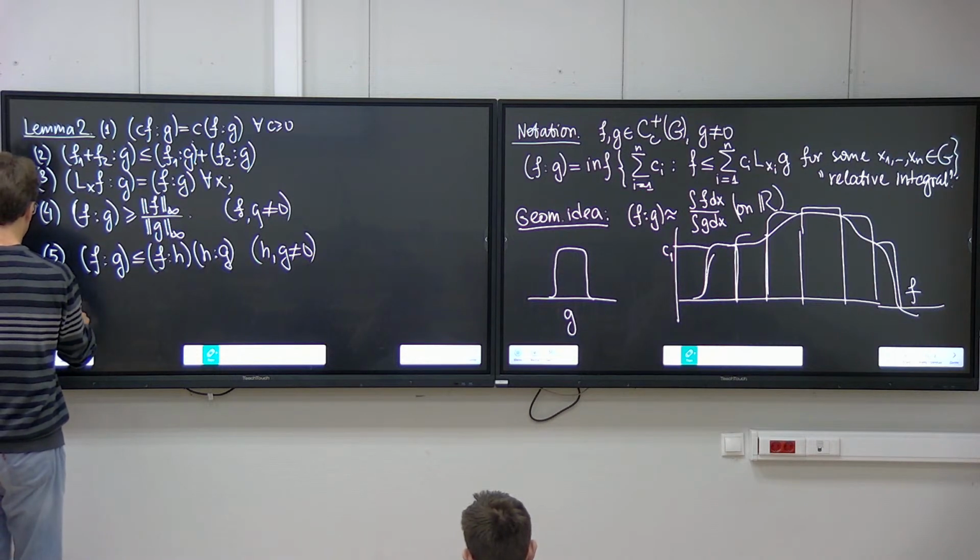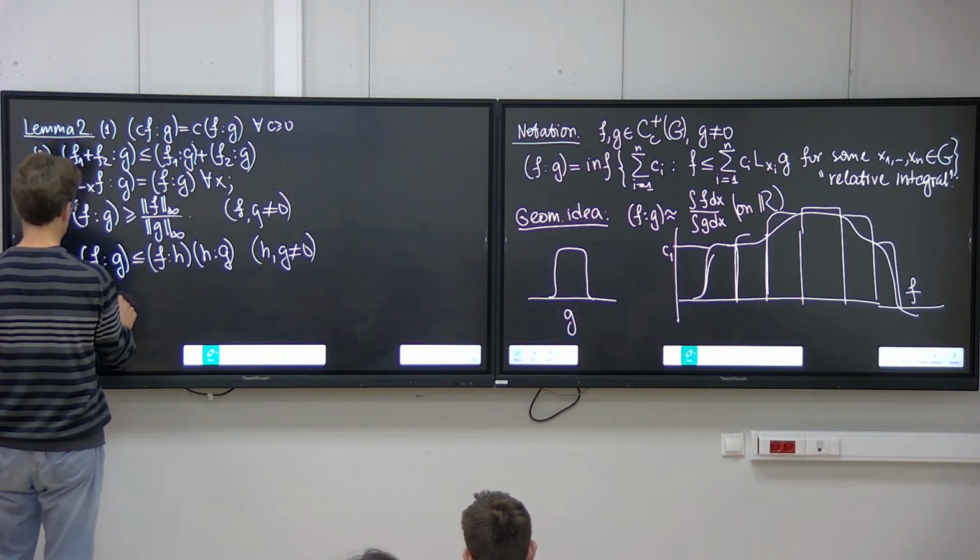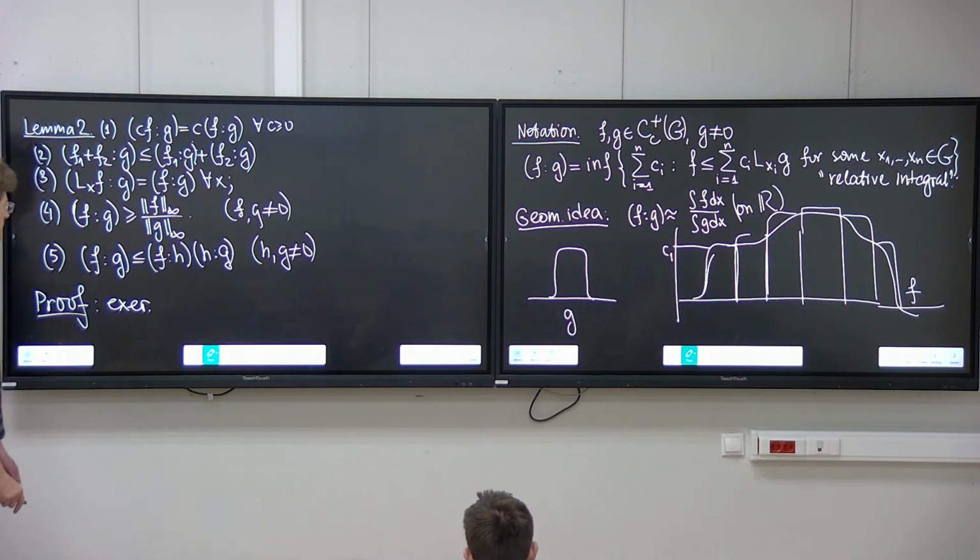The proof is a simple exercise which is immediate from the definition of our relative integral. 1 and 3 are absolutely obvious. 2, 4, and 5 are little calculations, but they're quite elementary.